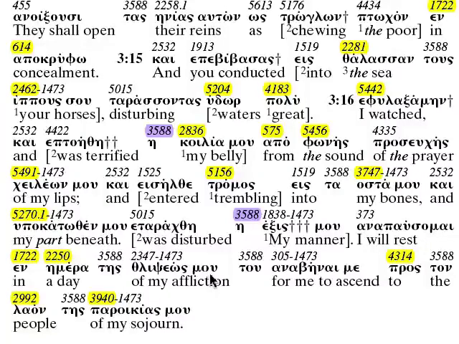I will rest. So all these things are going on that are happening, but I will rest in a day of my affliction. For me to ascend to the people of my sojourn, pros ton laon, the laity of my parikias, the people of his sojourn.